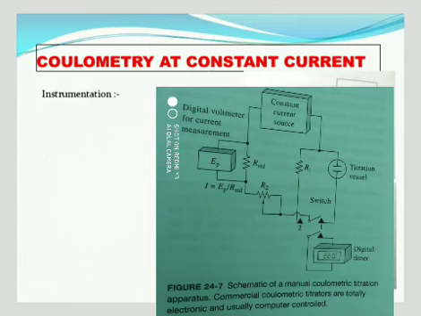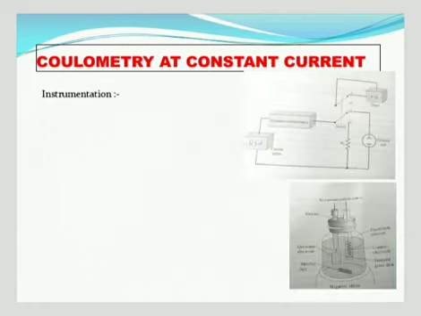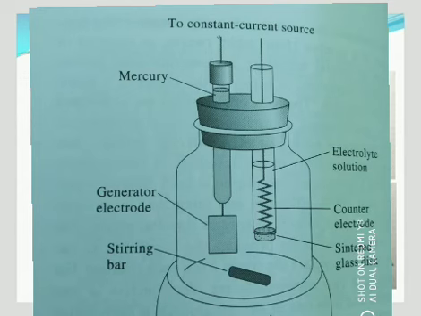In colorimetric titrations, generating currents of 5 to 20 milliamperes are used, although currents as high as 100 milliamperes are possible. The power supply consists of high capacity 45 volt batteries. So this is the main constant current apparatus.